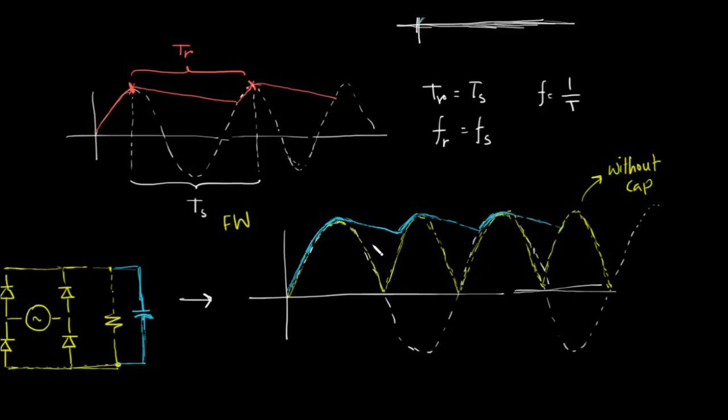So if we add a capacitor to the output of a full wave rectifier, what is the time period of the ripple? What I mean is, what is the time difference between one peak of the ripple and another peak of the ripple? This is the first peak of the ripple and this is the second peak. What is the time difference between these two?